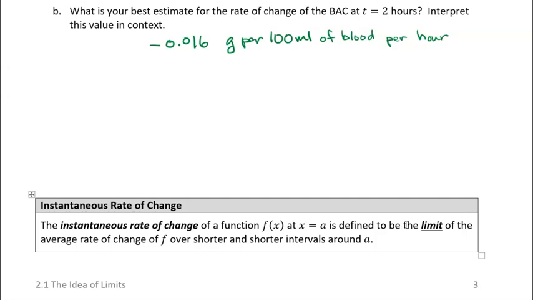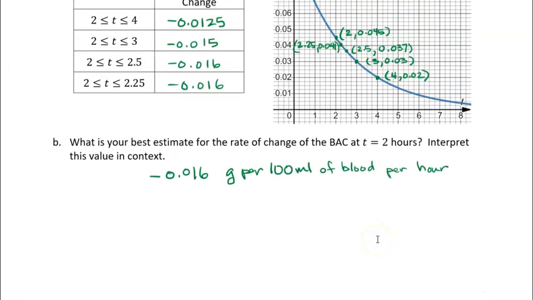All right, so the instantaneous rate of change of a function at some value is defined to be the limit of the average rate of change of the function over shorter and shorter time intervals around that point a, right? In this case, our a is 2.